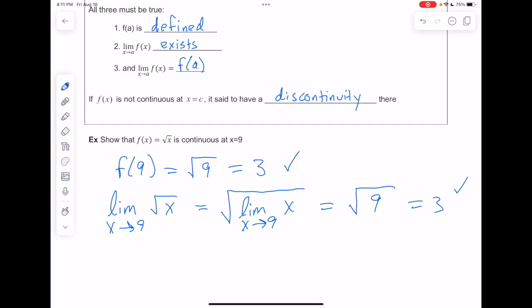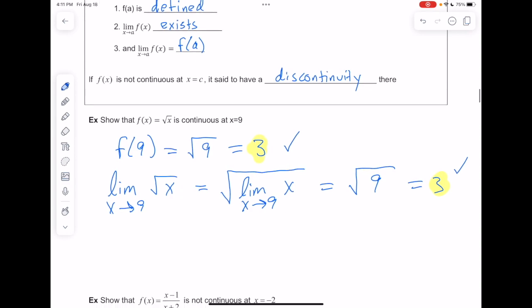And then notice that in both cases, we got 3. So we got 3 for the value of the function, and we got 3 for the value of the limit. So the two things are equal to each other, and that's the final hurdle. So we can do that comparison, which we just did, and now say the limit as x approaches 9 of f of x turned out to be the same thing as f of 9, and therefore that's our final piece.